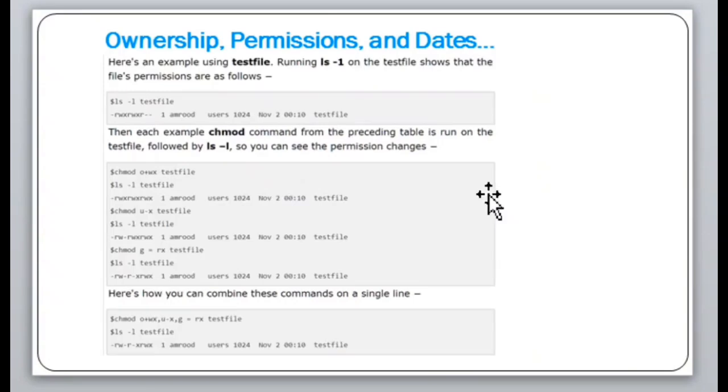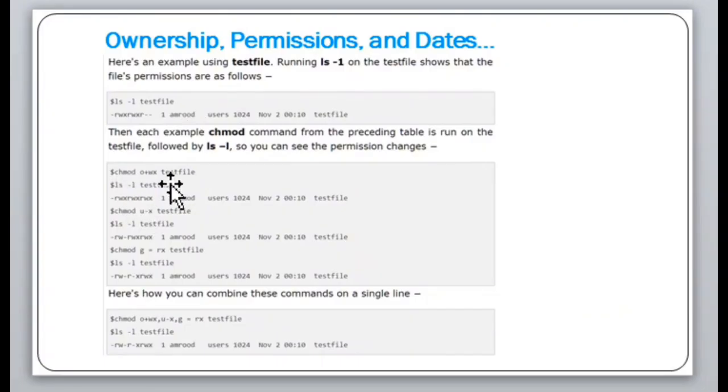So an example of how to use that, we have test file. So running ls -l on test file shows that the file's permissions are as follows. So we have ls -l test file, and then you can see there it's read, write, execute, and then read. So using that chmod command, we can use various different ways to change the permissions on it.